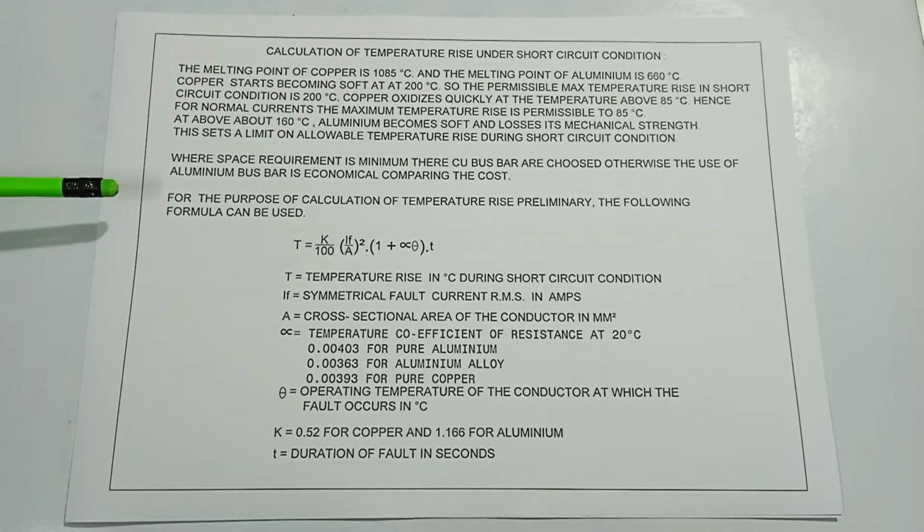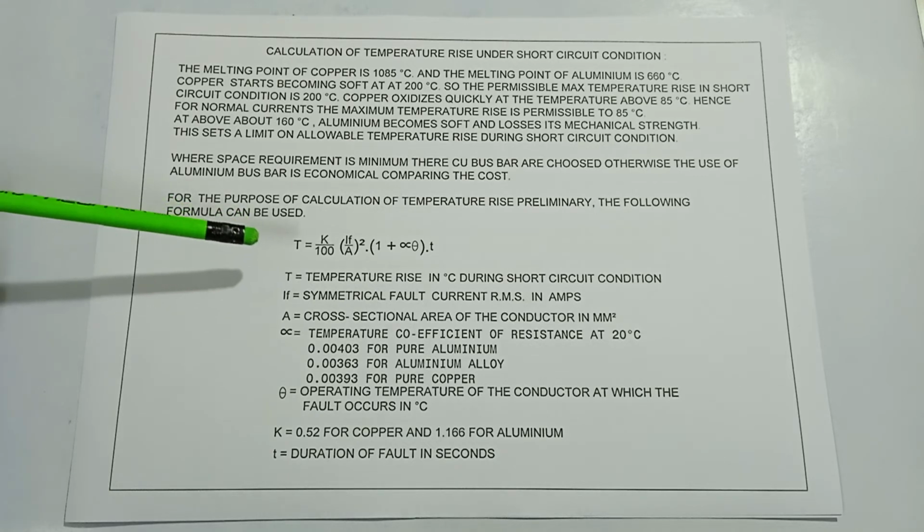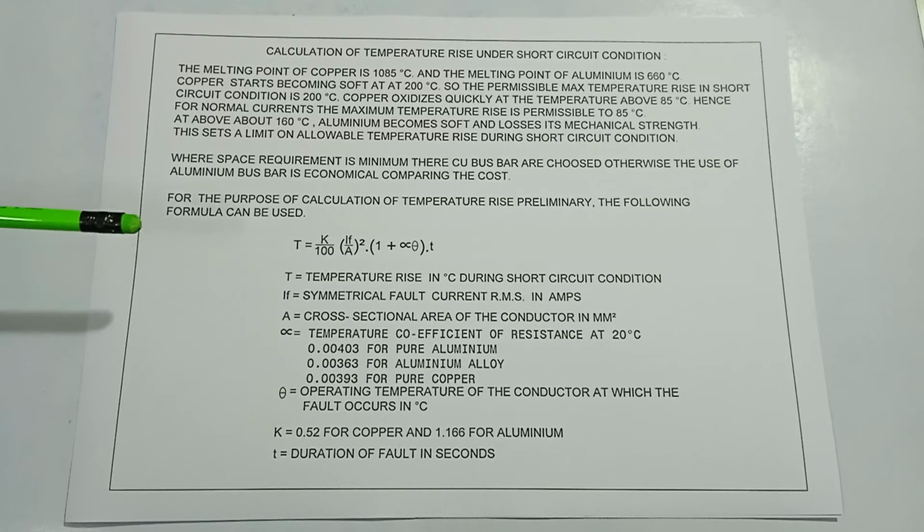For the purpose of calculation of temperature rise preliminary, the following formula can be used. Here, T is equal to K by 100 into (IF divided by A) whole square into (1 plus alpha theta) into t.